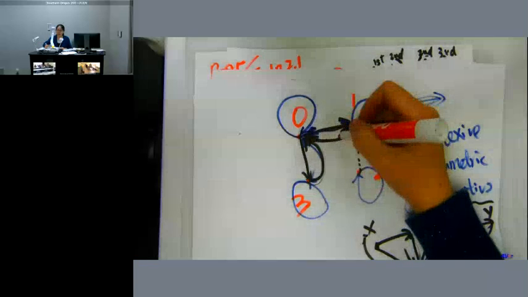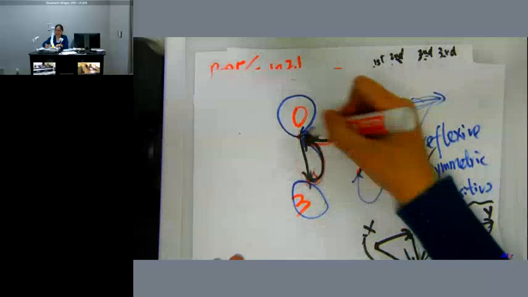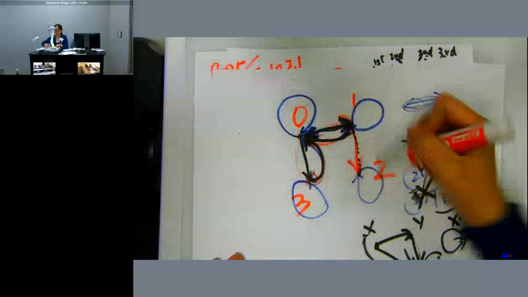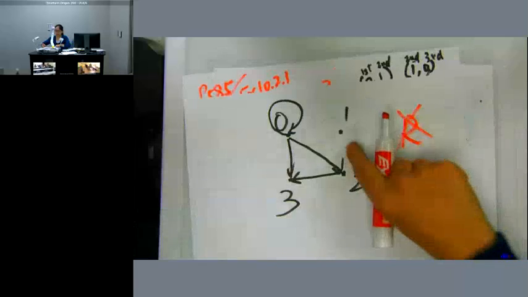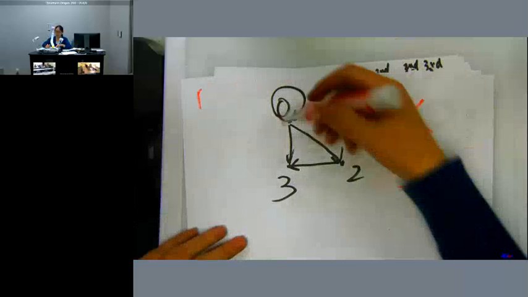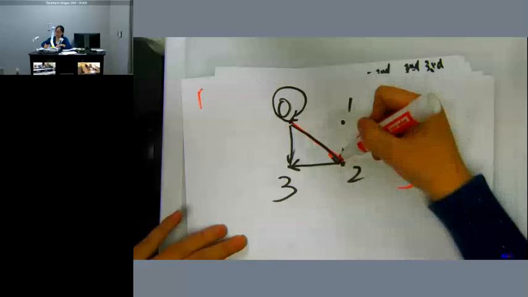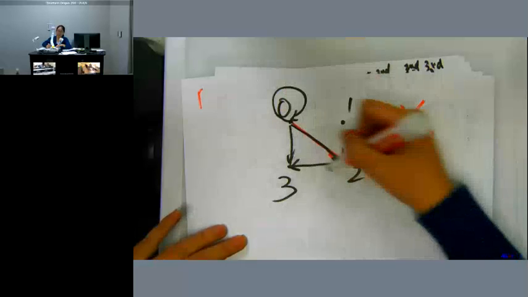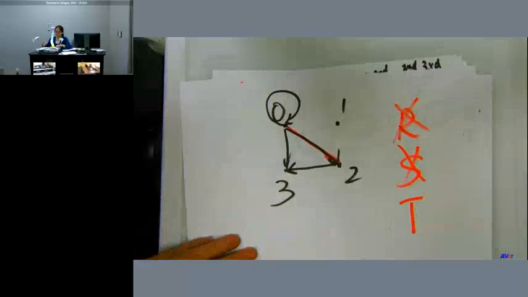Every street should be two-way, okay? Going this way, going back. If you have something like this, not going back, then it's a one-way road, then it's not symmetric. So in this case, do we have a one-way road? A bunch of them, right? This one is one way. You have a line that goes from 0 to 1, but you cannot go back. And there's another one, and another one. So it's not symmetric.